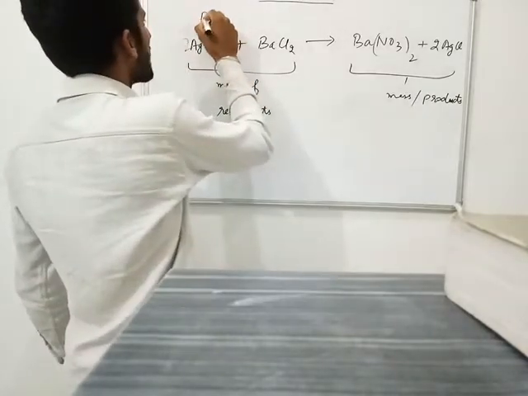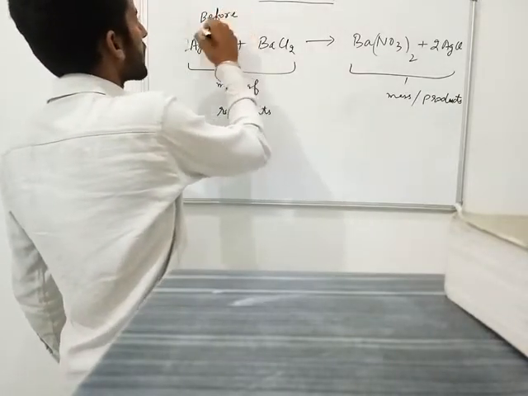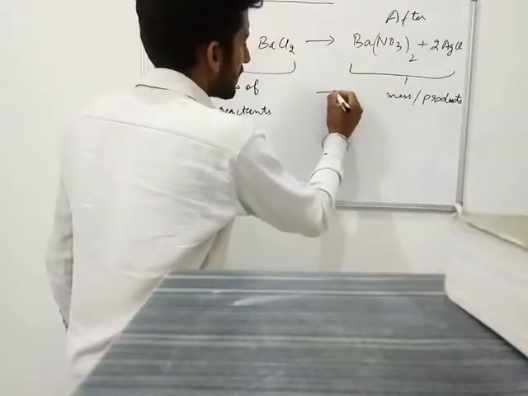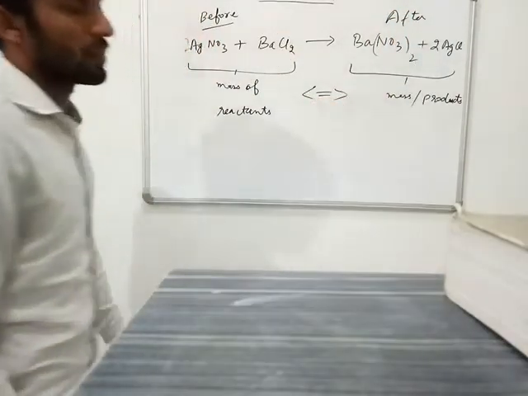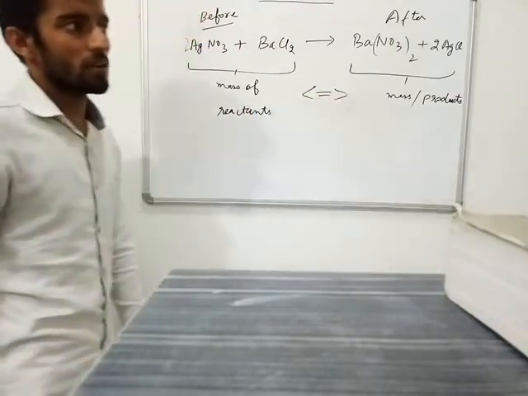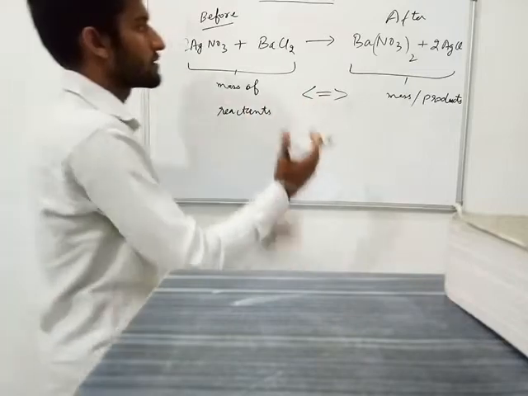So before the experiment and after the experiment, their mass is always equal. There is no decrease in the mass on this side or that side. Always the mass remains the same.